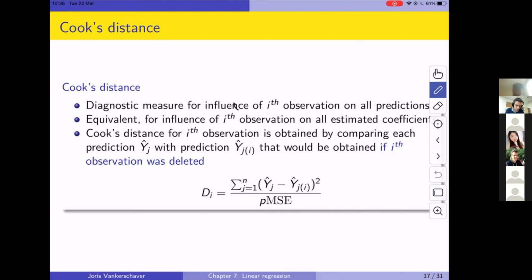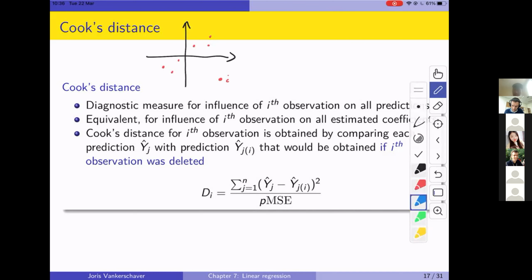So to make it a bit more graphical, let's say we have some observations like this, and then one that's, well, obviously an outlier. So let's call this observation I. And if we include that observation in the data set, maybe we have a regression line that looks like this.